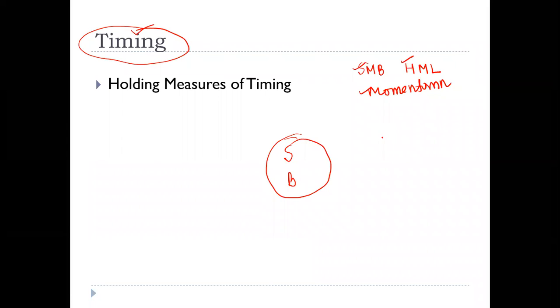Let me make it more clear. Fama has developed 2 other factors in addition to the existing market factor. One of those factors is SMB. If you go to the Fama French site, you will see the return for SMB has been provided.